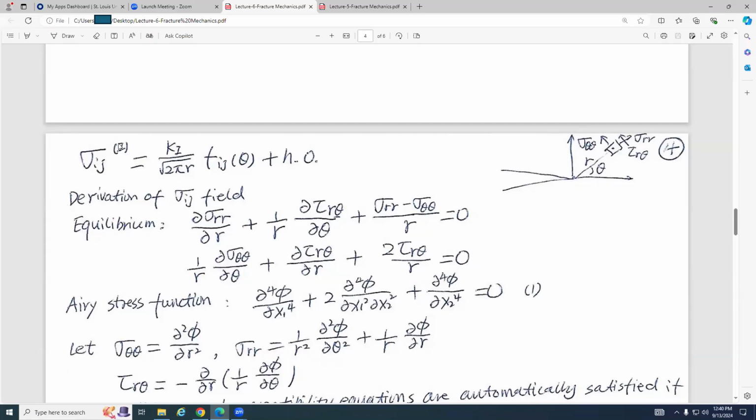This equilibrium equation actually has 3 equations, but I write it using the Einstein notation, one equation to accommodate all 3. If we write this equation in the polar coordinate system, we have sigma r, sigma theta, and tau r theta.